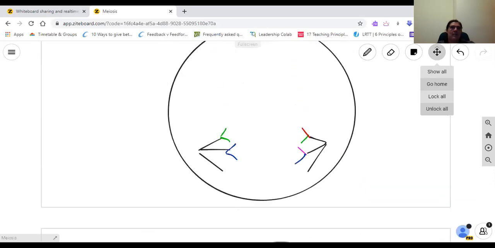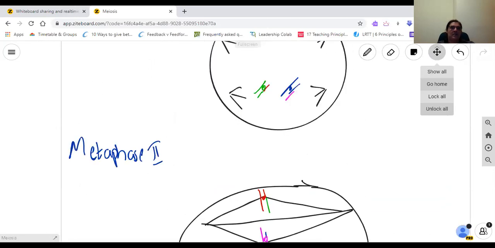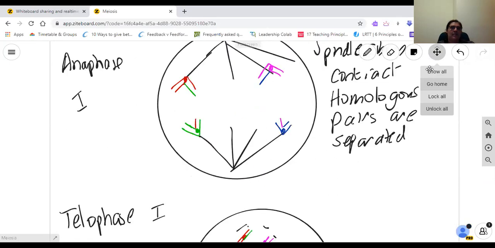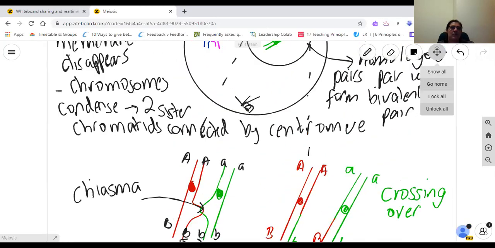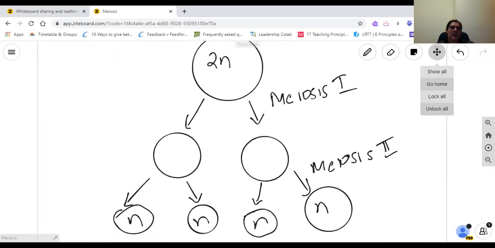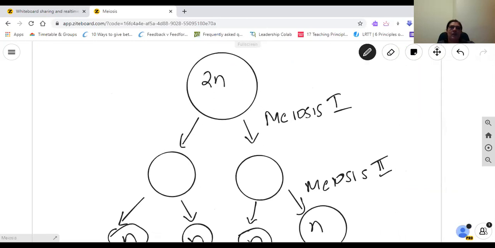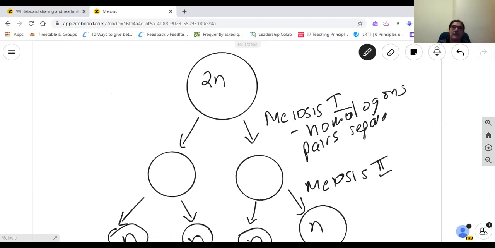If we go back up to the first diagram that we had of what is happening in meiosis, I'll scroll all the way back up. Here we go. We now know that in stage 1 of meiosis, the homologous chromosomes separate, homologous pairs separate, whereas in meiosis 2, the sister chromatids separate.